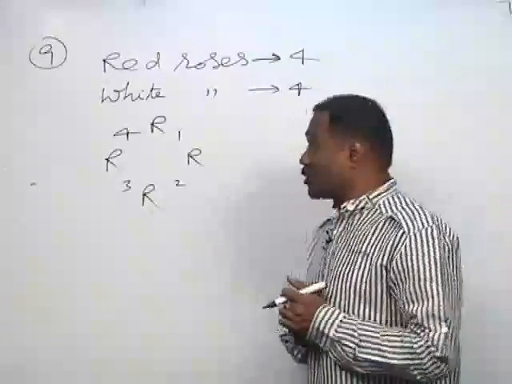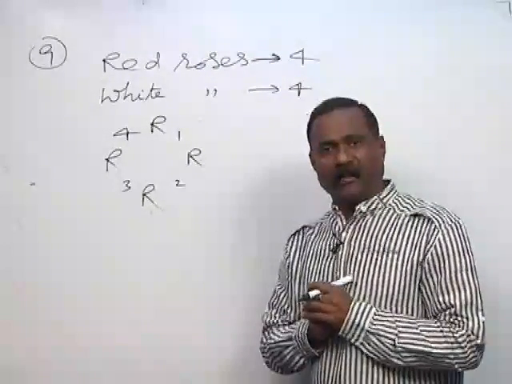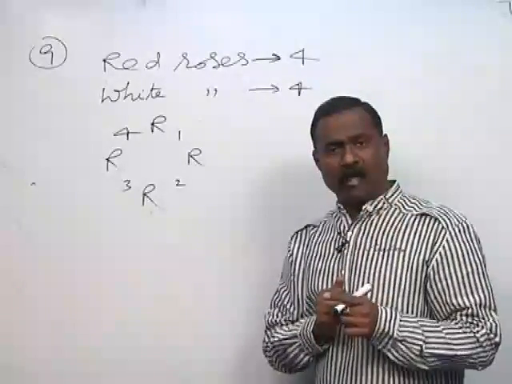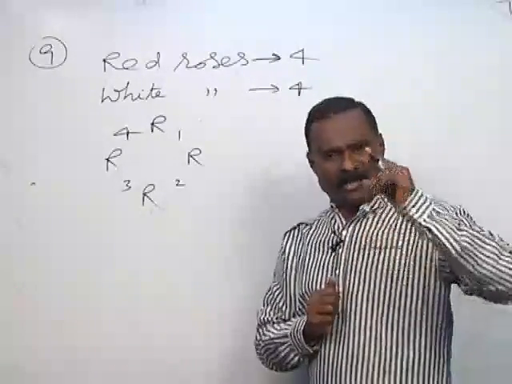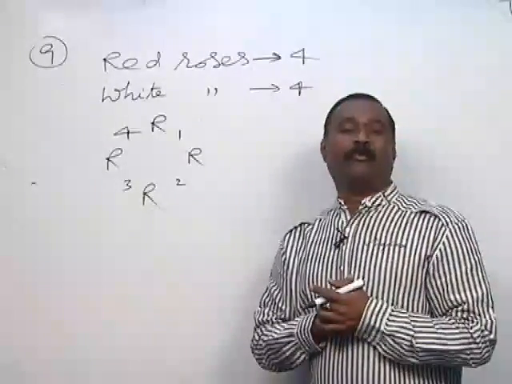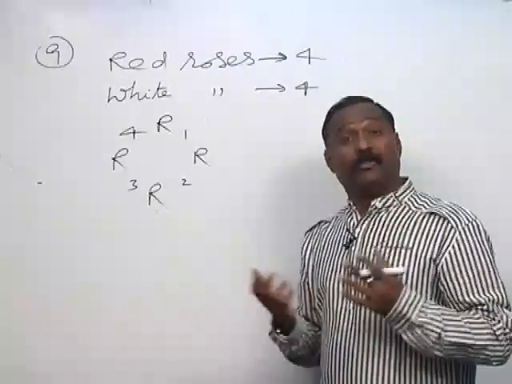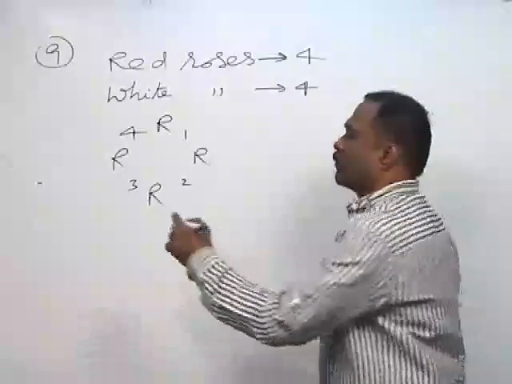What are we doing in the first operation? First of all, remember always, you have to fulfill the restriction given. What is the restriction here? 2 red roses should not be together and 2 white roses should not be together. So what is the first operation?